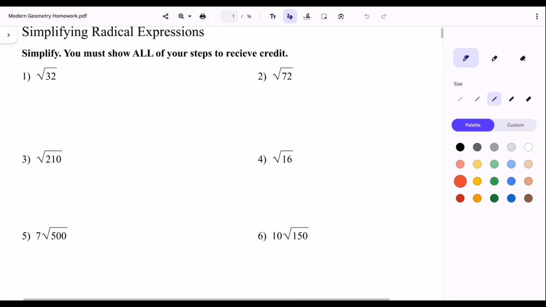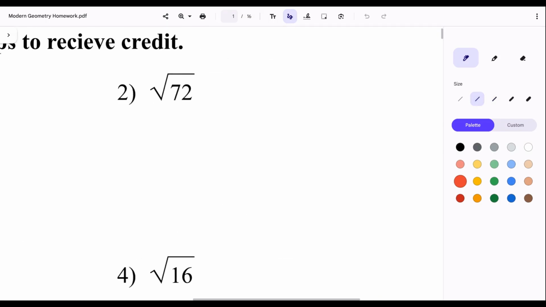I'm just going to grab a couple because I want to make sure you guys are feeling okay about this since we only had a few examples. I'm going to do number 2 with you. When I say with you, I'm going to guide you along, but I really want you guys to be doing some of the thinking here.